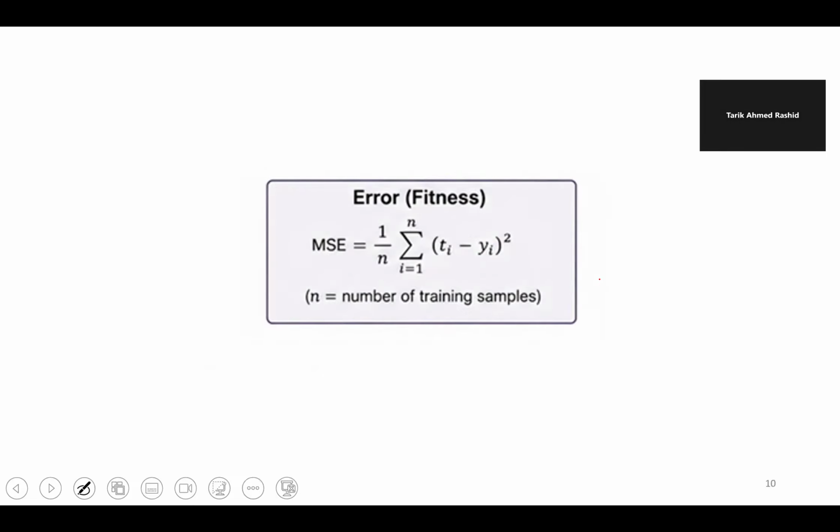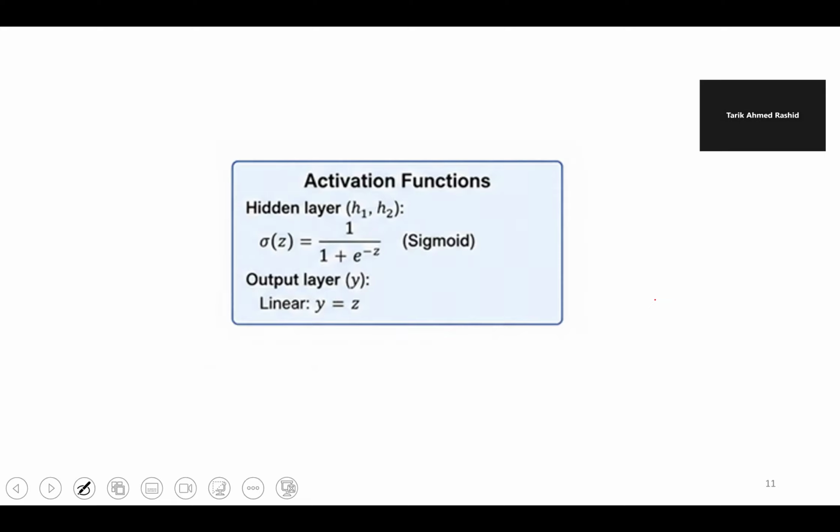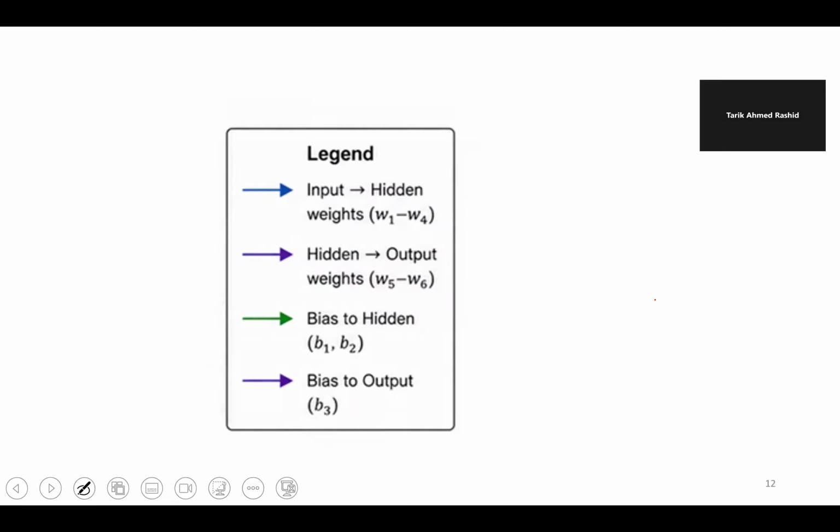Mean square error is 1 over 2, or 1 over the sample, then target minus output, to the power 2. Now the sigmoid function is the activation, it's very obvious. Then input to hidden weights, hidden to output weights 5 and 6, the biases, and bias 3 at the output.